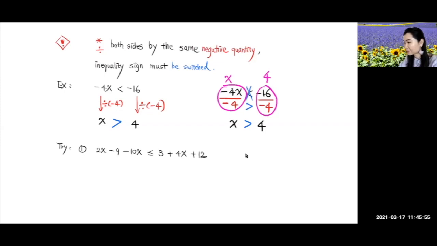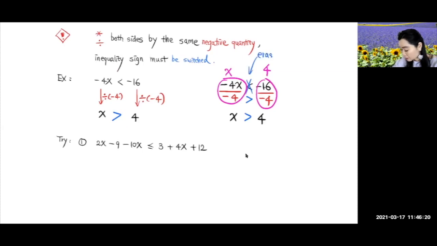You understand now? So you switch the inequality sign at the action step. Whenever you put down divide by negative 4, that's the action step. And then this one here, you're just rewriting: x is greater than 4. So erase this and switch here.